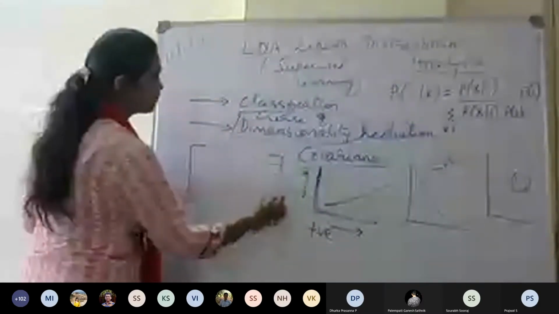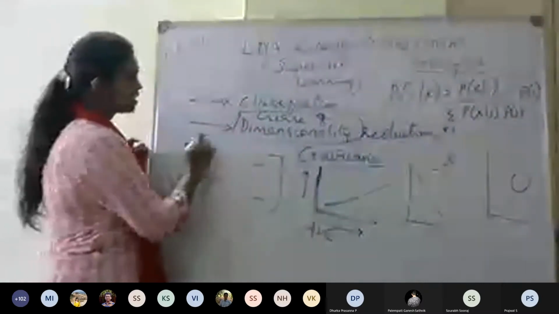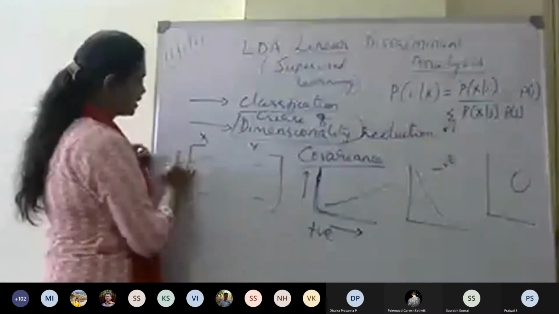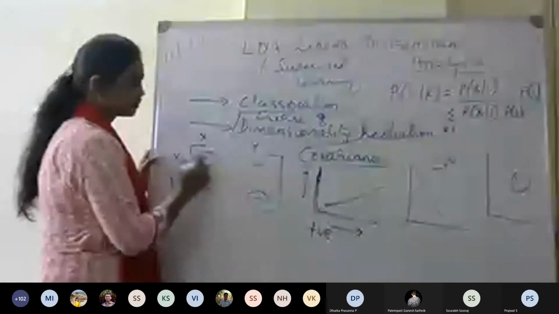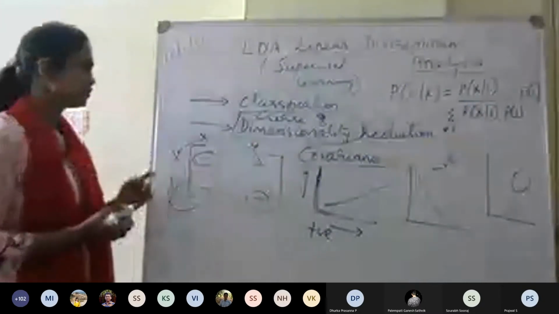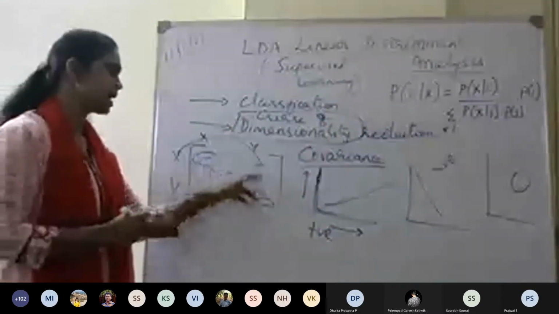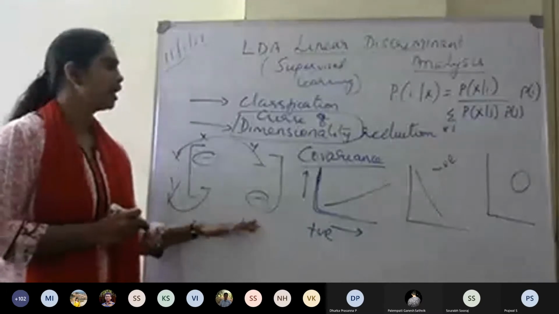If you have 2 parameters, then you will have 4 elements in the covariance matrix. Say this is x and y: covariance between x and x, covariance between x and y, like this. So in this covariance matrix, you will have only a 2 cross 2 matrix.